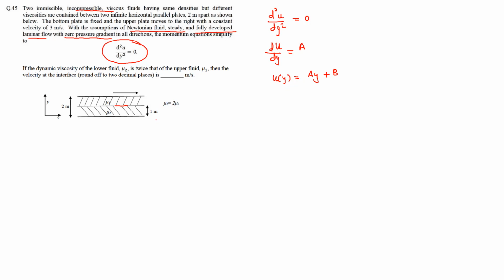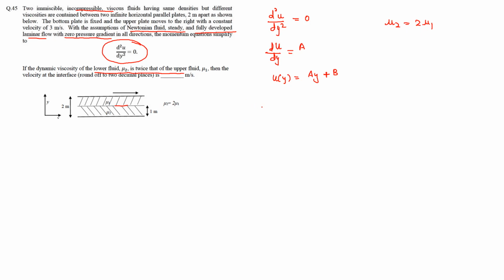For these two fluids, we can have a different set of a's and b's depending upon mu1 and mu2. Let's first write down the other given information. The dynamic viscosity of the lower fluid mu2 is twice that of the upper fluid mu1. So simply mu2 is 2 times mu1.